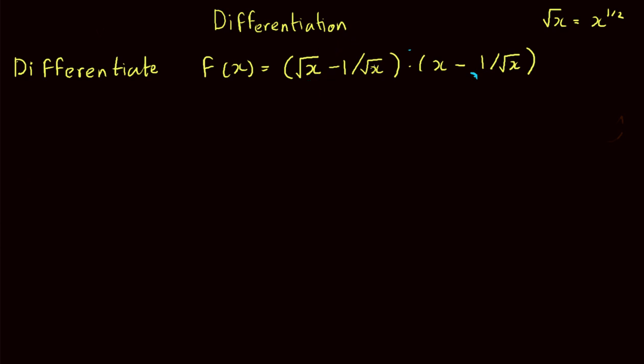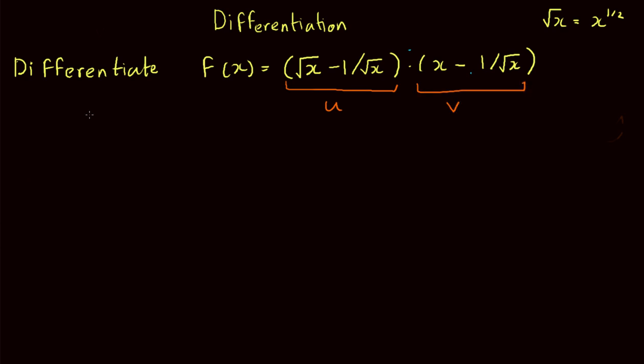Okay, so let's say we're trying to solve this with the product rule. Let me choose a different color pen here. I'm going to denote one factor as u and the other as v.